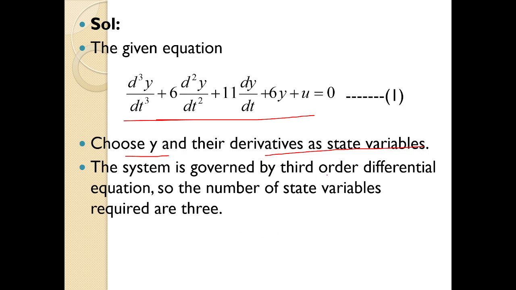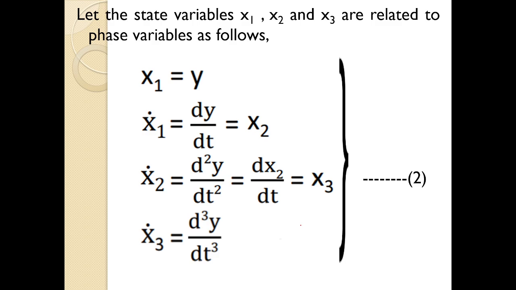Here we can see a third order differential equation. Since the highest order of the differential equation is 3, there will be 3 state variables. Let us assume our state variables are x1, x2 and x3. Let us assume x1 equal to y.